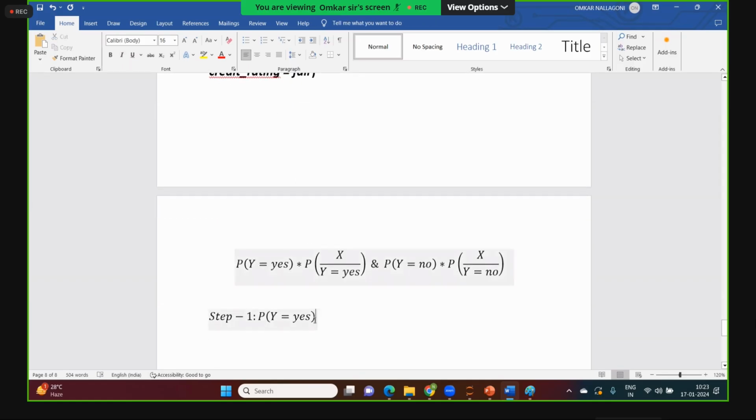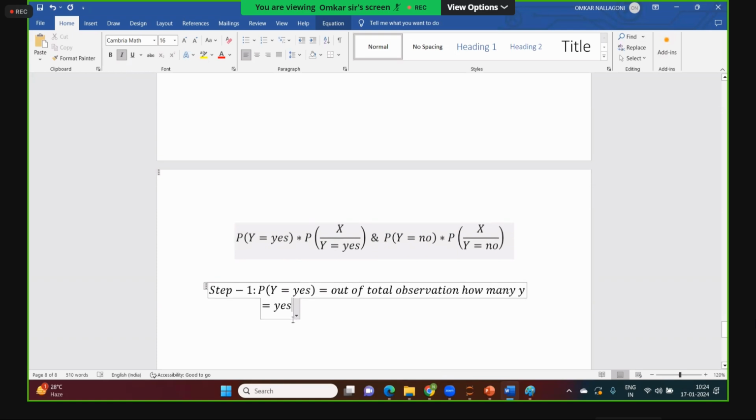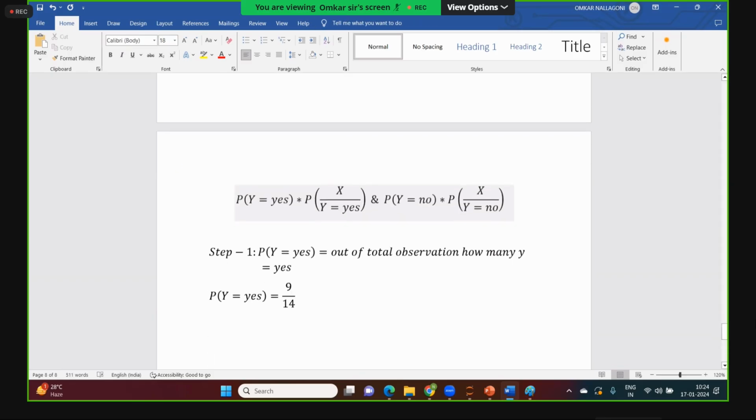Out of total observations, how many Y is equal to yes? Now tell me, check, how many yes are there? 9 yes are there. So what is the answer? 9 by 14 is the answer. Step 1 is done.